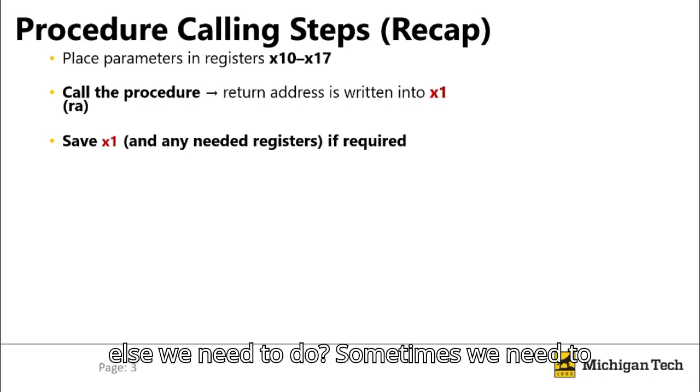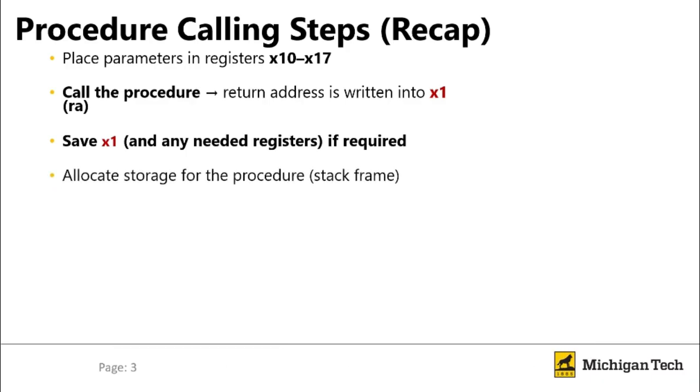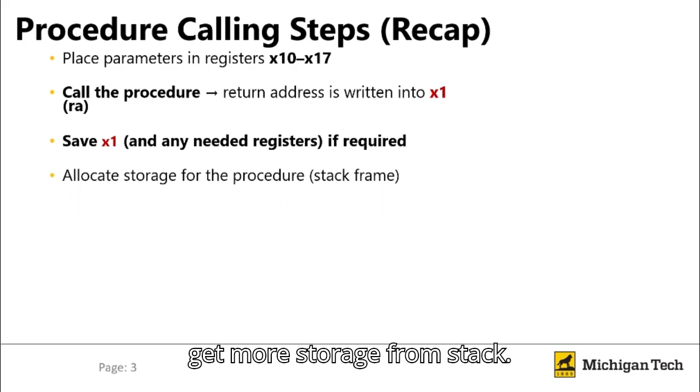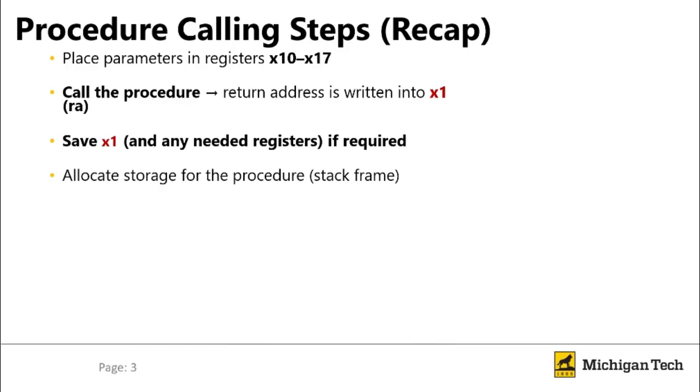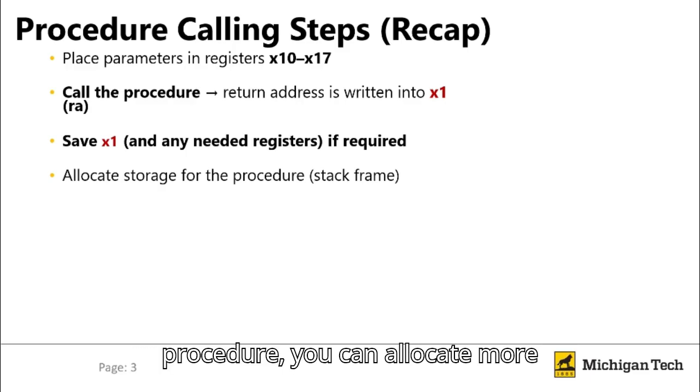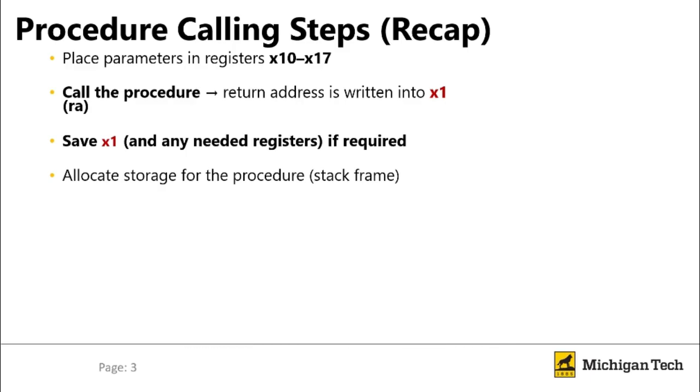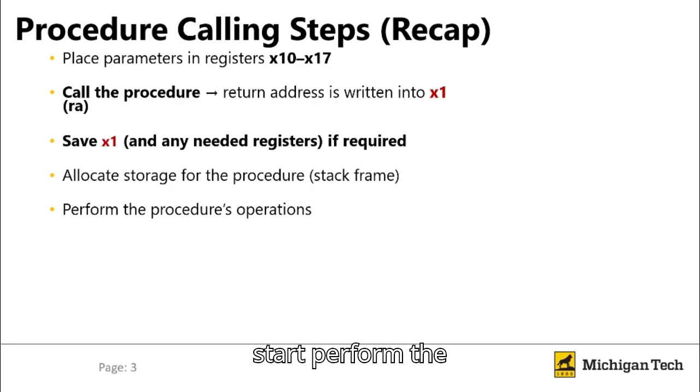What else do we need to do? Sometimes we need to get more storage from the stack. If you are dealing with more parameters, or you are working with memory inside a procedure, you can allocate more memory inside the stack, and then start performing the operation that you want to do in the procedure.